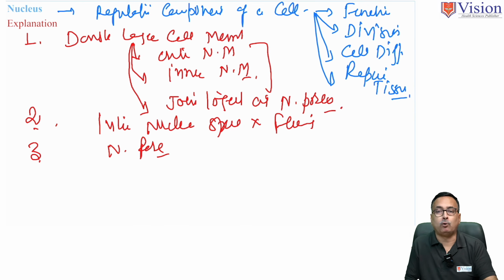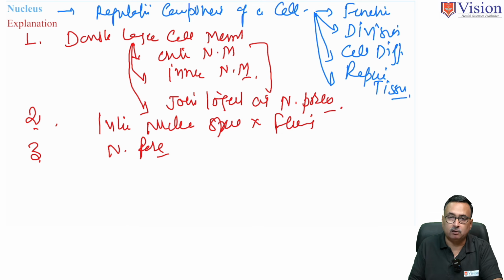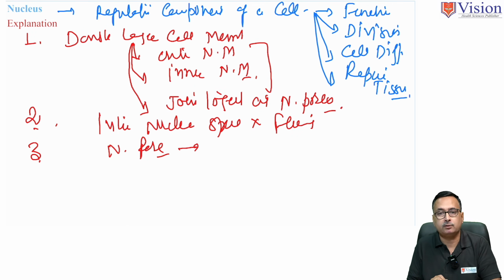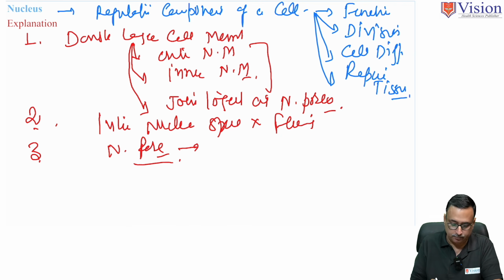A nuclear pore is a channel in the nuclear membrane through which transport of molecules takes place. The molecules from the cytoplasm can enter inside the nucleus, and the molecules from the nucleus can migrate towards the cytoplasm through the nuclear pore.